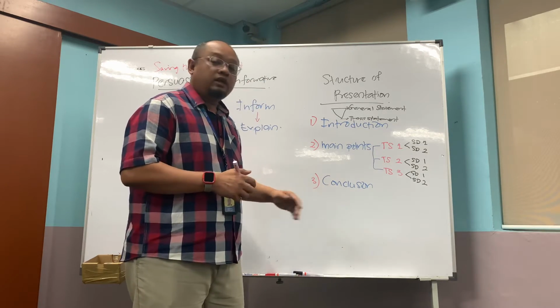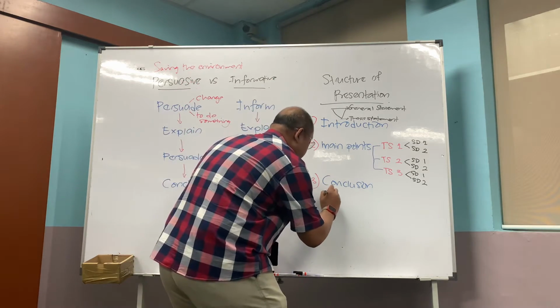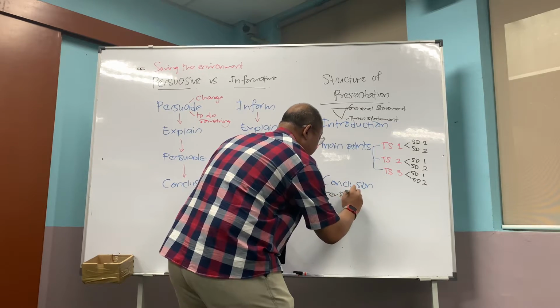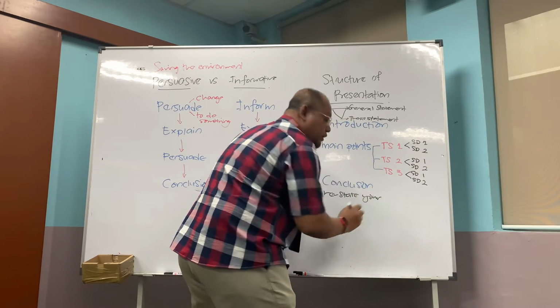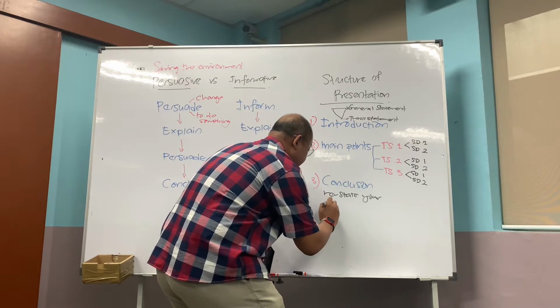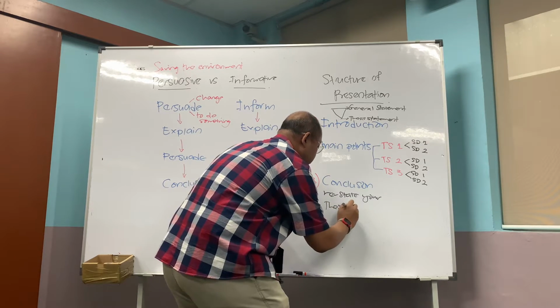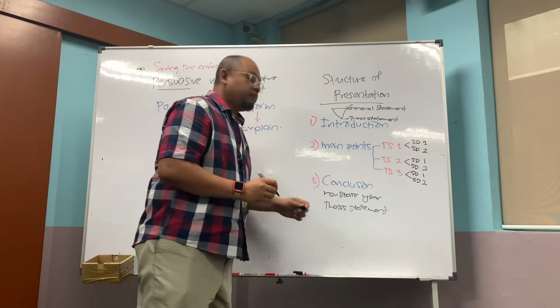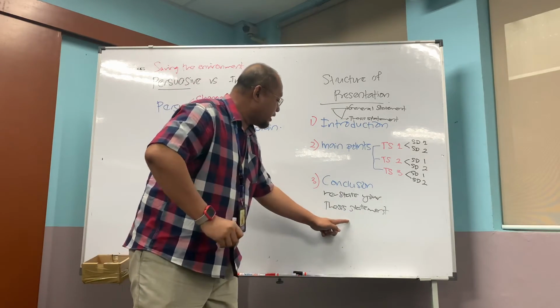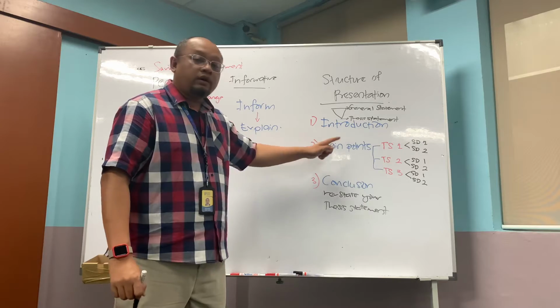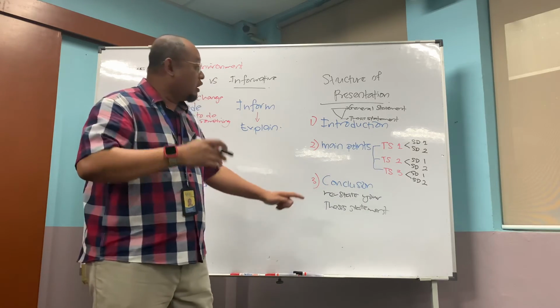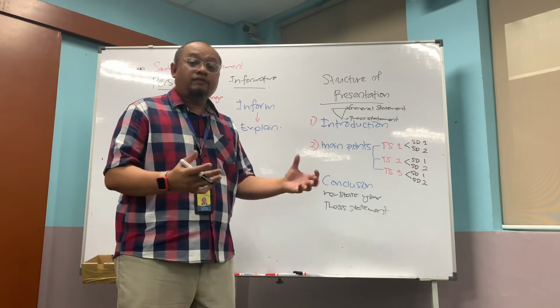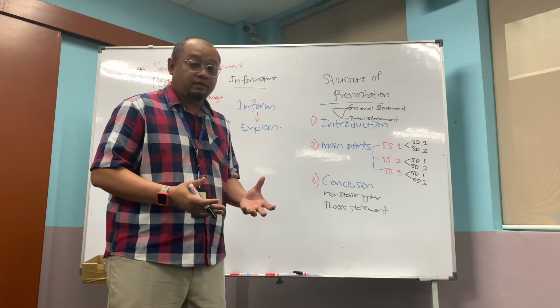In the conclusion, you have to restate your thesis statement, whereby you emphasize why you want the audiences to make the changes. It's because you want them to save the environment, for example.